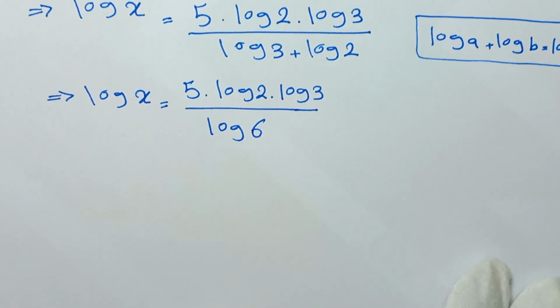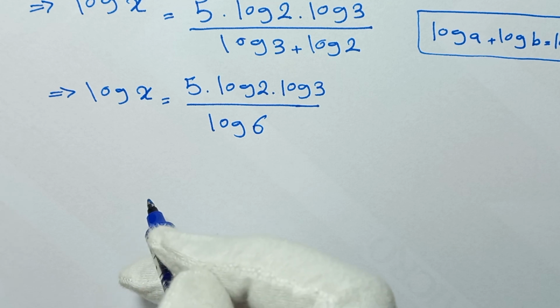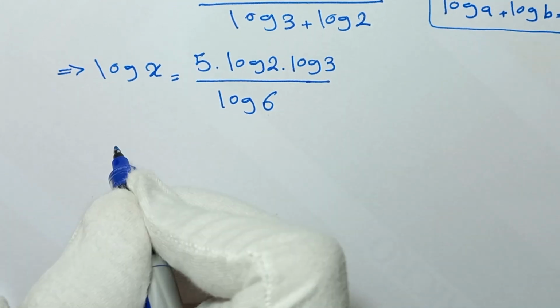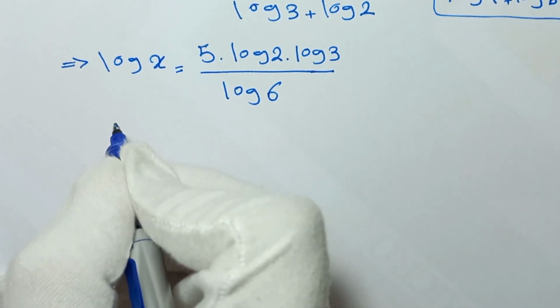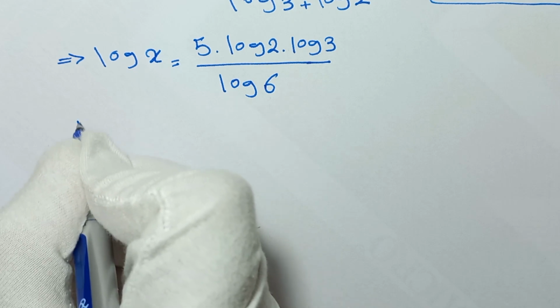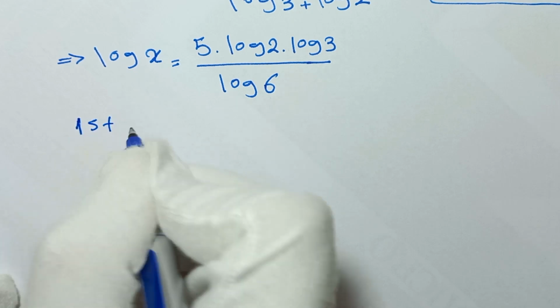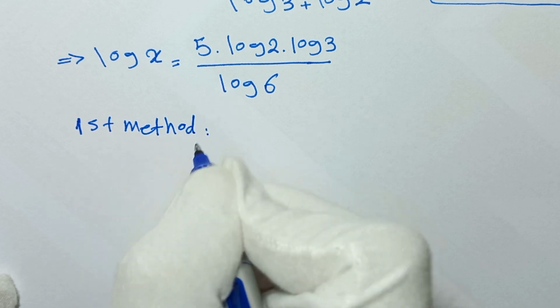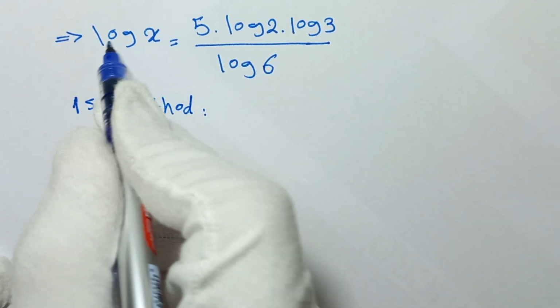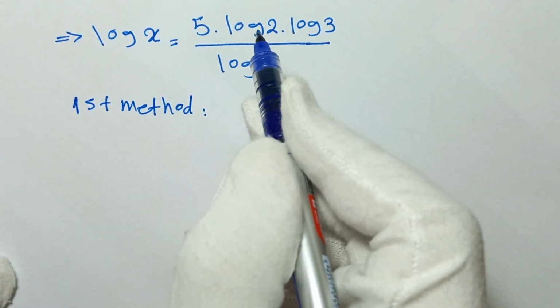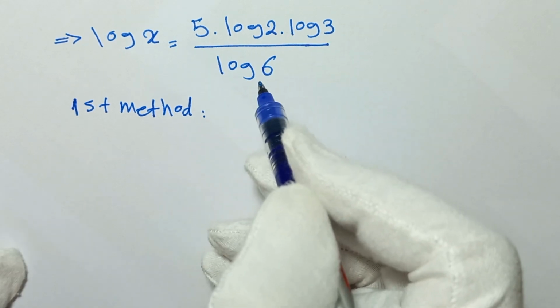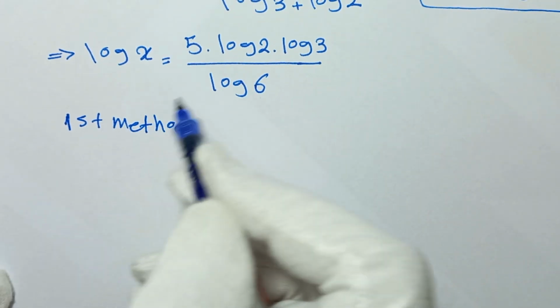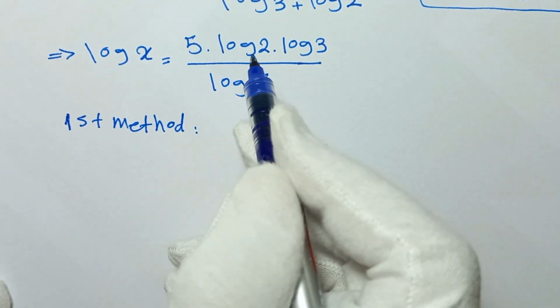In the next step, we are going to have two methods here. For the first method, we have log x is equal to 5 times log 2 times log 3 over log 6. For the first method, we divide both sides of the equation by log 3.